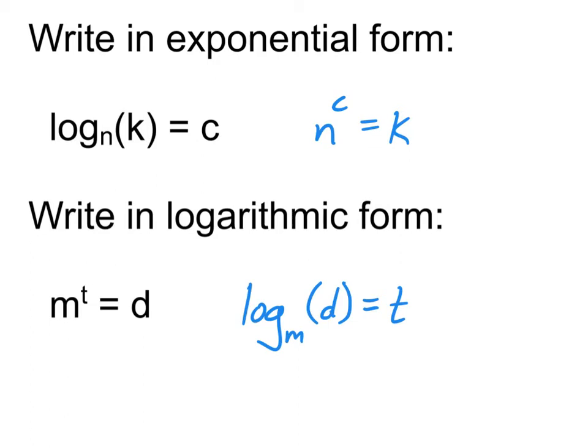And the exponent there is what we are left with there. As long as you remember that log always equals the exponent, you are halfway there in being able to write these in the other forms. The other half, I'd say, is remembering what the base is. And remembering that the base of a logarithm and the base of the exponential both mean the same thing.